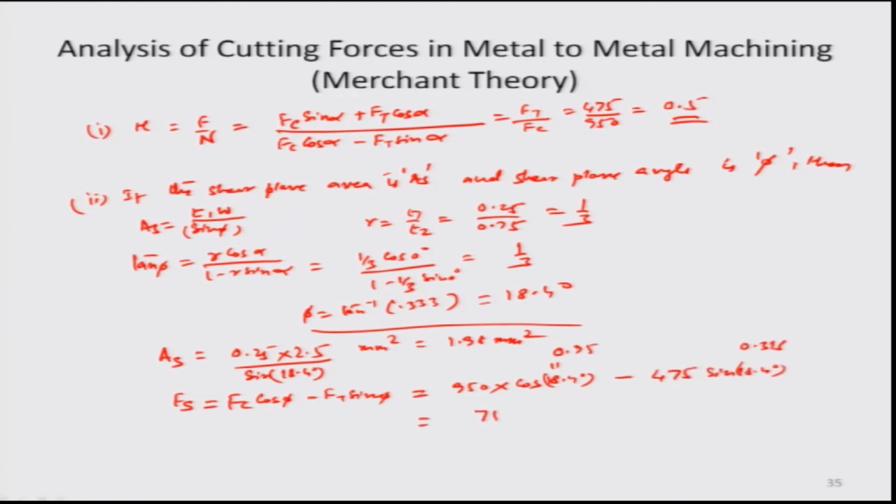So, the totality comes out to be 751.3 newtons. Obviously, tau s, the shear stress in this case, is shear force per unit shear plane area. So, 751.3 divided by the shear plane area, 1.98, which comes out to be 379.4 Newton per millimeter square.